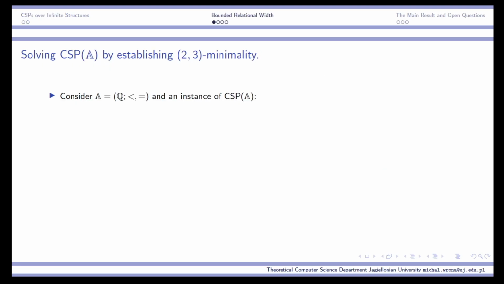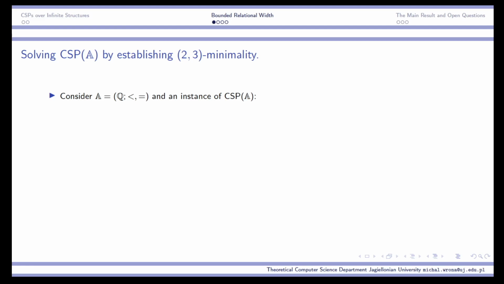To this end, it seems it's important to understand the existing techniques. Similarly as in the finite case, for these infinite structures we can sometimes use local consistency.